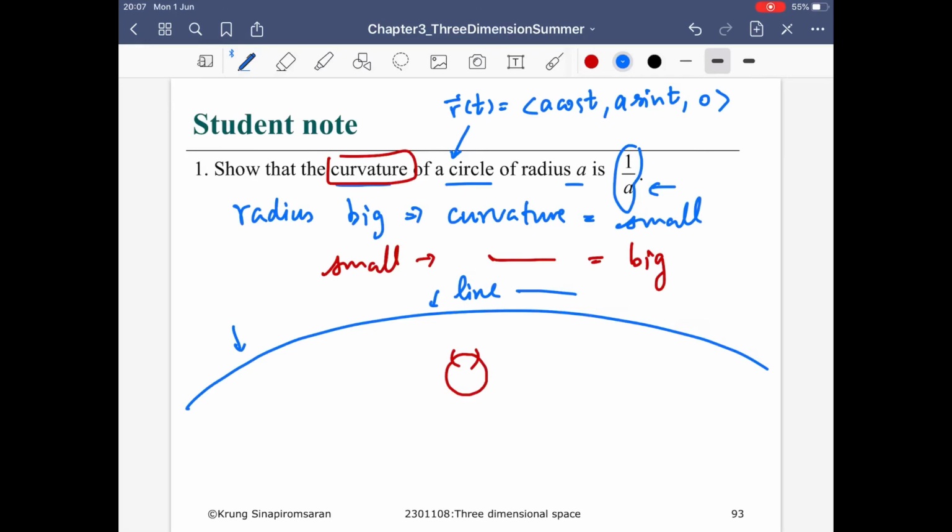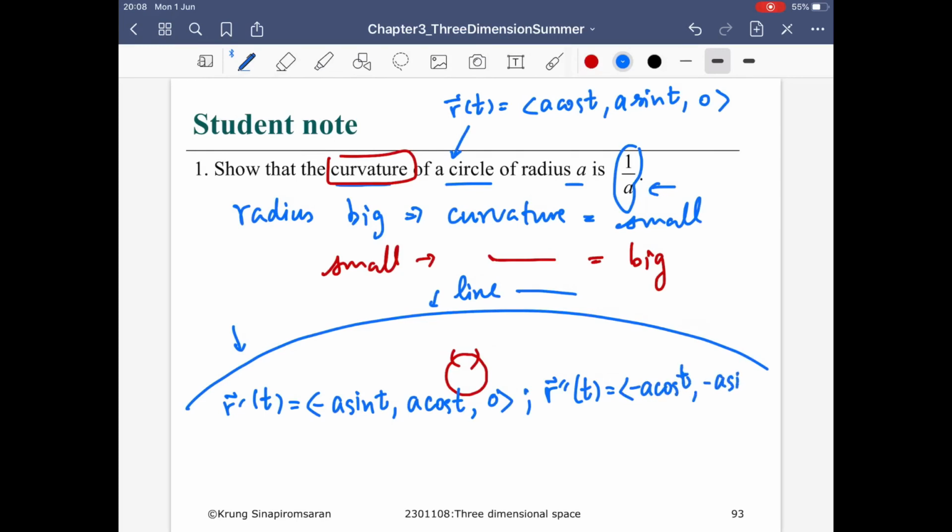So your r prime t is negative a sine t, a cosine t, and 0. And your r double prime t is negative a cosine t, negative a sine t, and 0 at the last component.